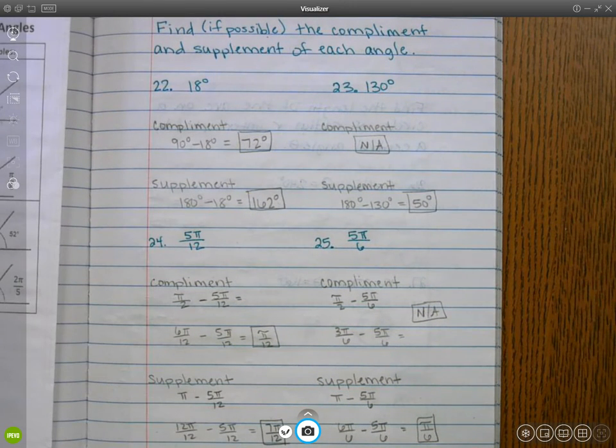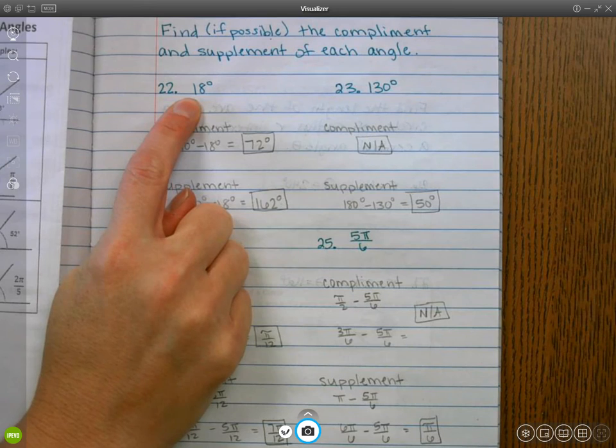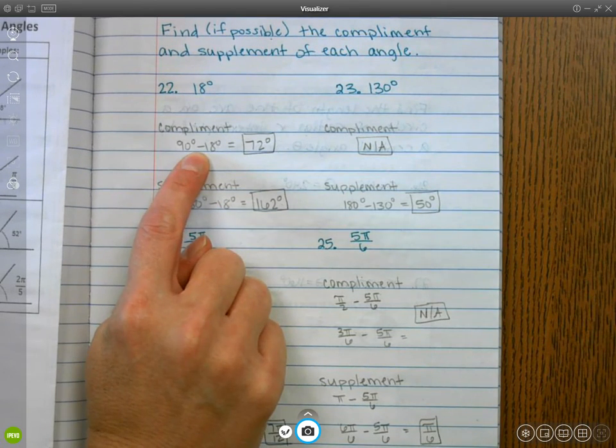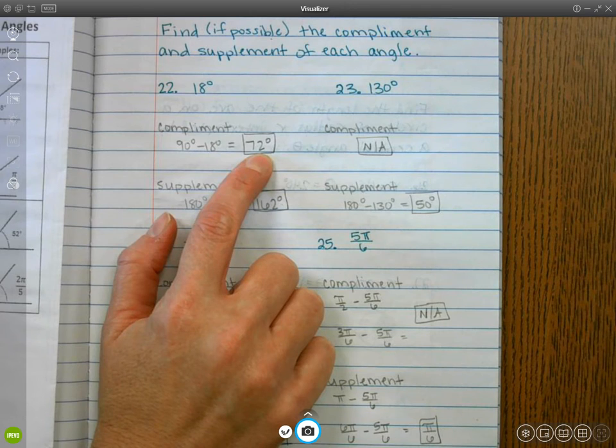All right, so we're going to find, if possible, the complement and supplement, because if an angle is too big, then it's not necessarily going to have a complement or a supplement. For 18 degrees, that would have the complement because it's less than 90, so I can add something to it and get 90. So to figure out the complement, you just subtract your angle from 90, and you figure out what would need to be added to it.